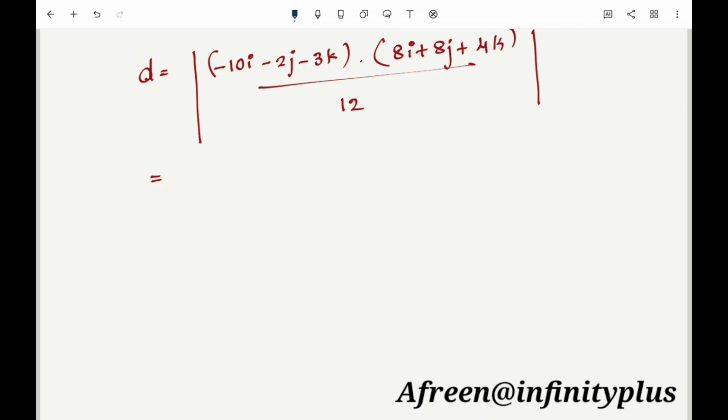So I component will be multiplied with the I component, j component will be multiplied with the j component, and k will be multiplied with the k.